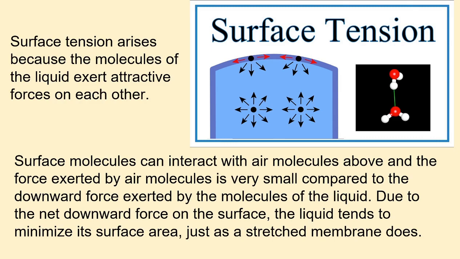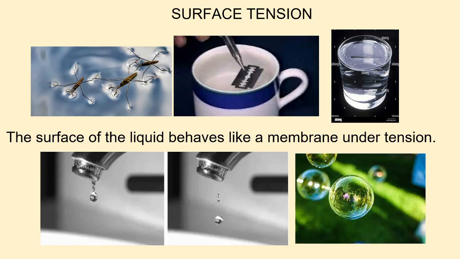In the above examples, the blade and the needle, even though both are denser than the liquid, can float on the surface because the surface of the water behaves like a stretched membrane, and it can balance the weight of the blade or the needle.